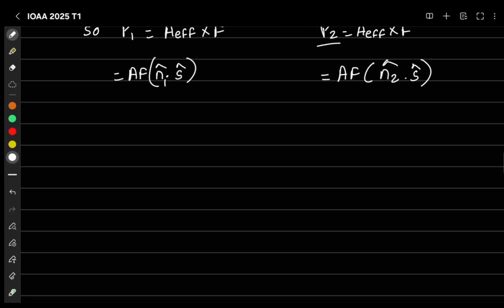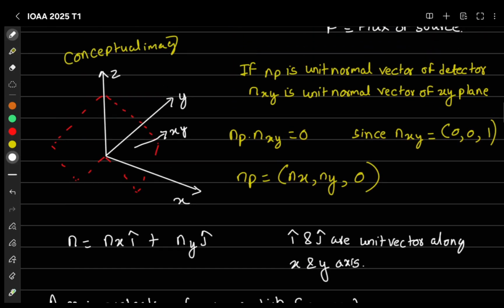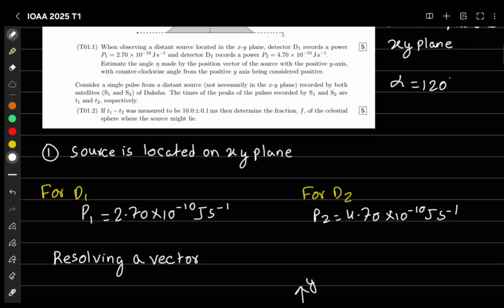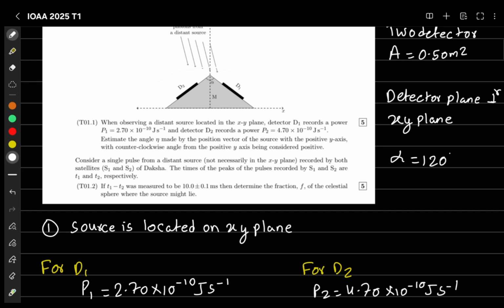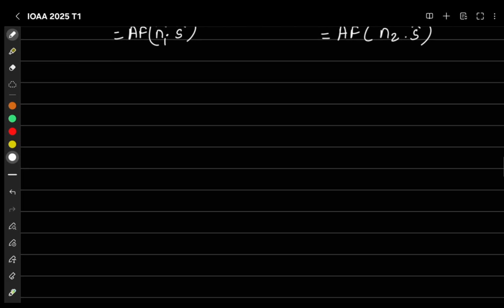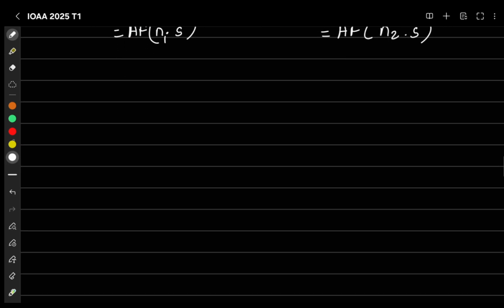So how to find a unit normal vector? If I look into the image, for D1, my unit normal vector n will be cos theta i cap plus sin theta j cap, right?